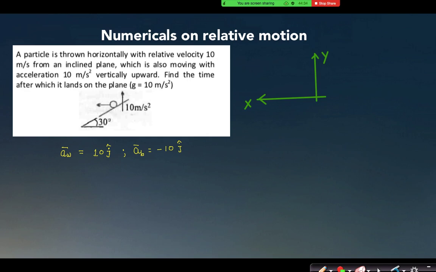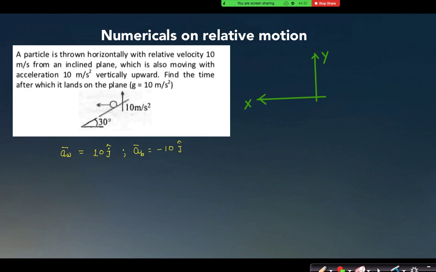What I am trying to say is, suppose a train is moving with a velocity 10 meter per second in the positive x direction. Visualize that you are dropping a ball from the window of the train.